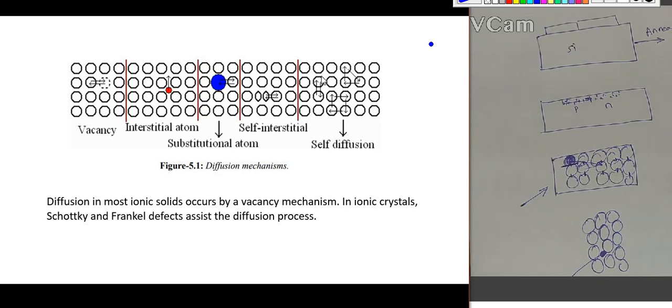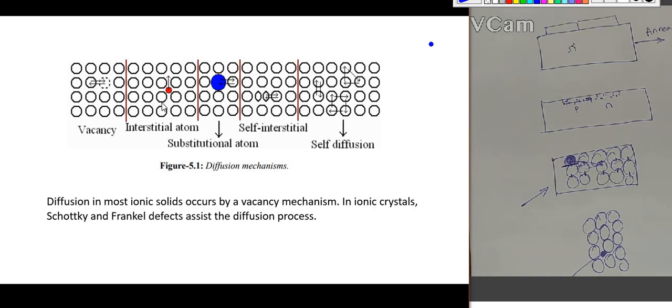So these are the different types of mechanisms we discussed. First one is vacancy diffusion: the atoms from the regular lattice point change their position into a vacancy point. Then interstitial diffusion: the interstitial atom moves from one interstitial position to another interstitial position.